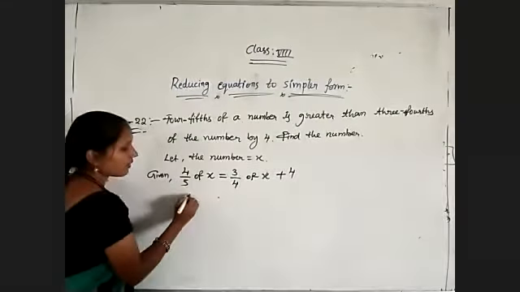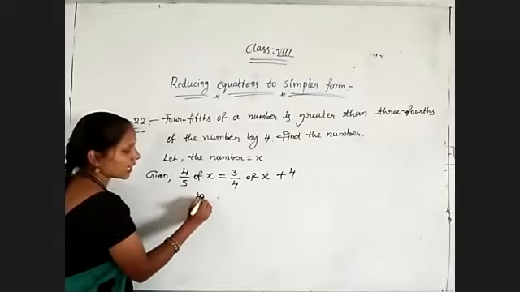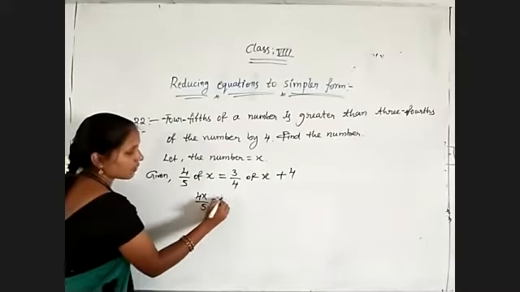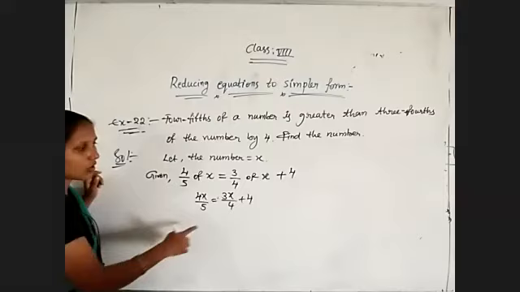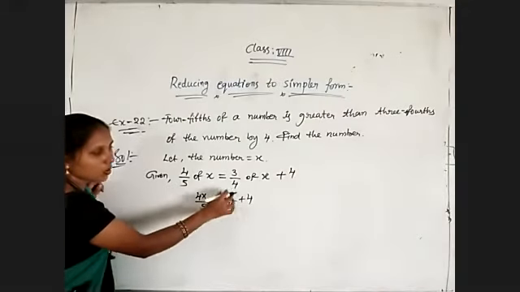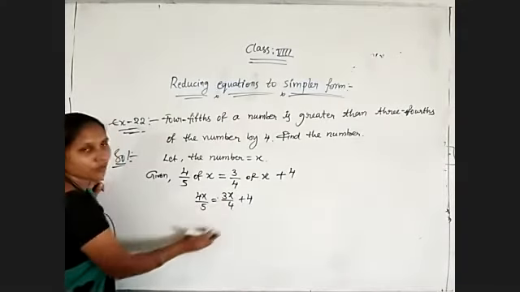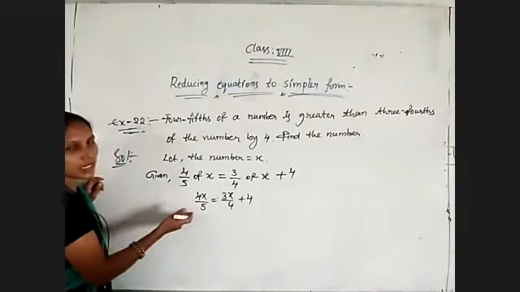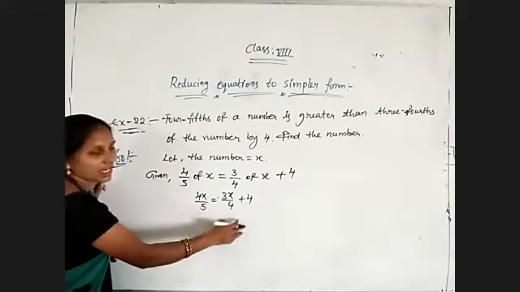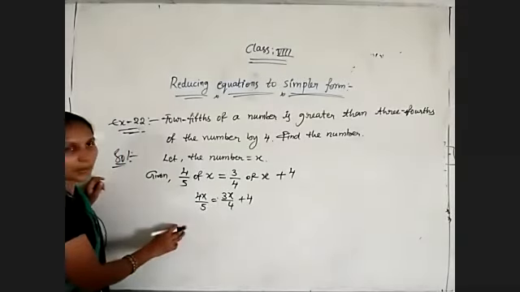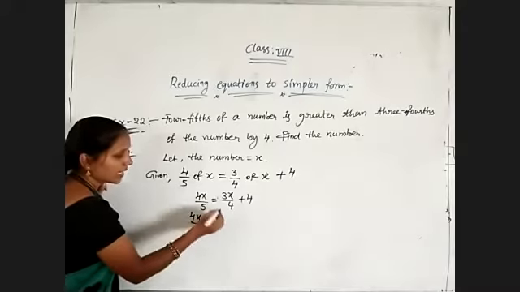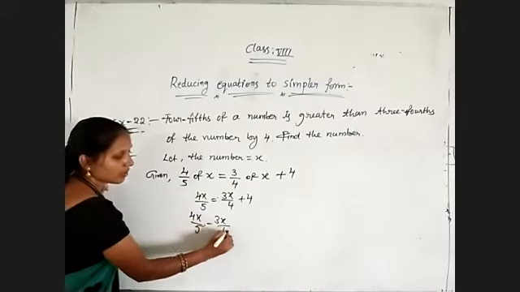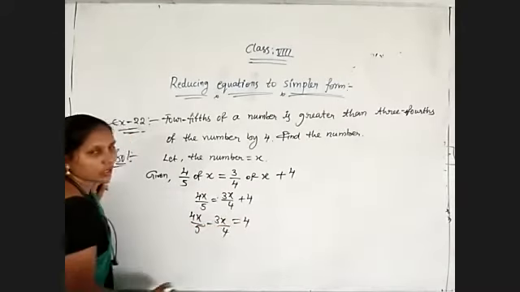So 4/5 of X is 4x by 5, which is equal to 3x by 4 plus 4. Now here the denominator is only for the first term, not for 4. So directly you can bring this term over. 4x by 5 minus 3x by 4 is equal to 4.